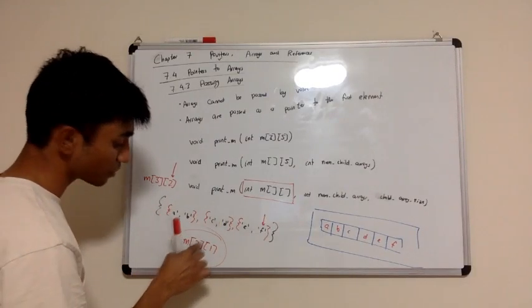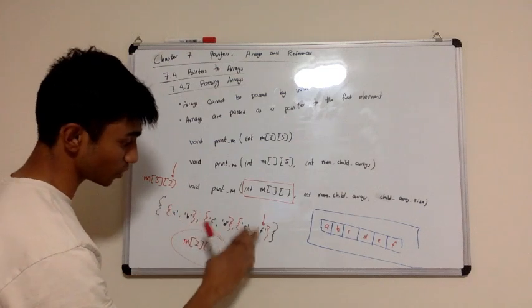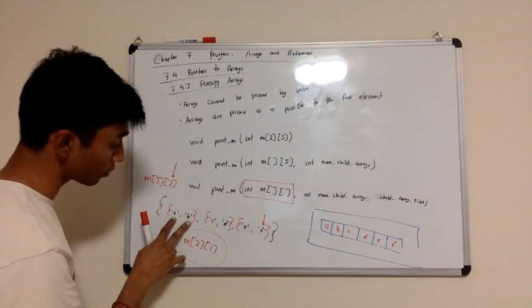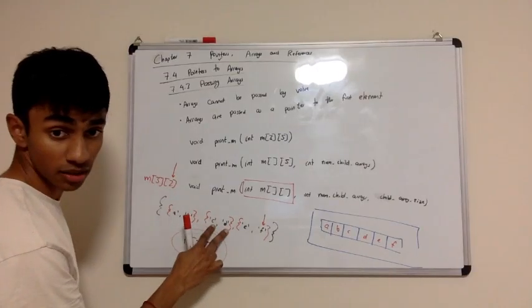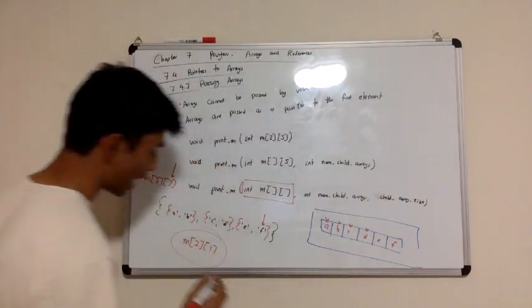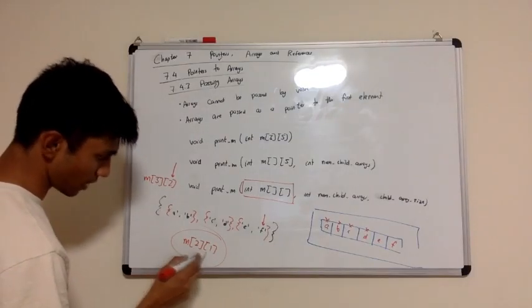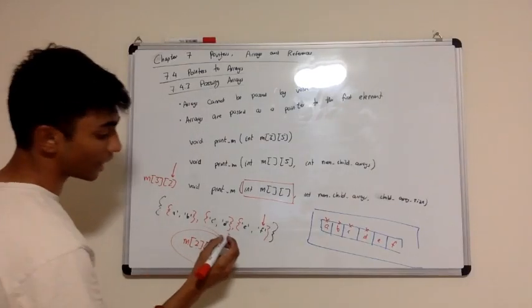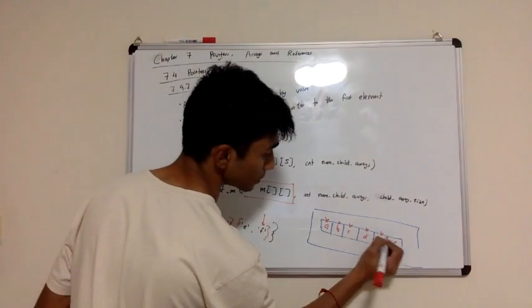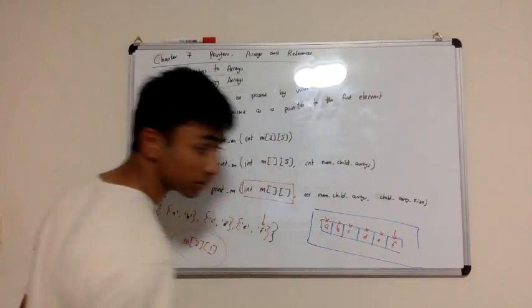So if I want to get rid of this one and then this one in order to get here, I have to skip 4 elements total: 2 from here and 2 from here. So I skip 1, 2, 3, and 4. And then it sees this one and says, okay, now I have to skip element 0 in order to reach element 1. So I'll skip element 0 to reach element 1.